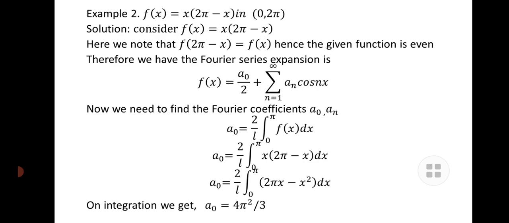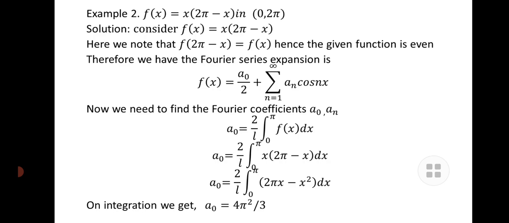So for that, the Fourier series expansion looks like f of x is equal to a0 divided by 2 plus summation n is equal to 1 to infinity an cos nx. In this series, there are two unknowns, that is a0 and an.